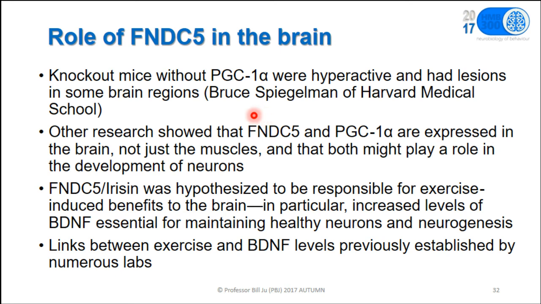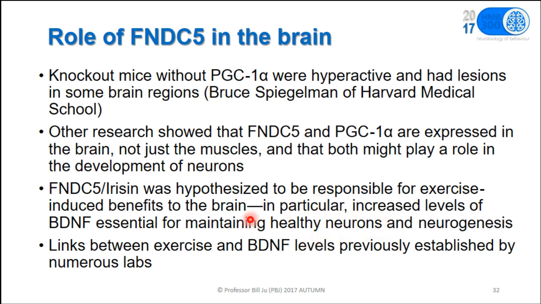So the idea that Bruce Spiegelman developed was, since PGC1 alpha is such an integral part of the FNDC5 pathway, and this FNDC5 eventually causes the release of irisin, and we know that exercise plays a role in brain health, and if we knock out something in the pathway that's related to brain health, you get lesions in your brain, then maybe this is the answer to why exercise is good overall for the brain.